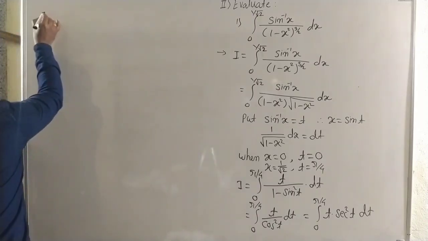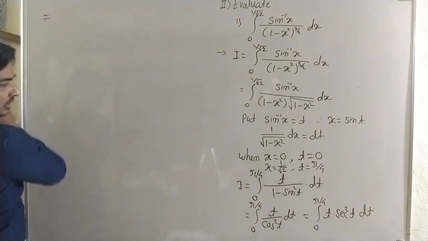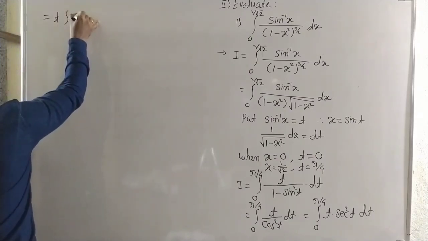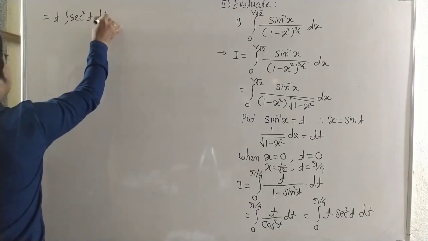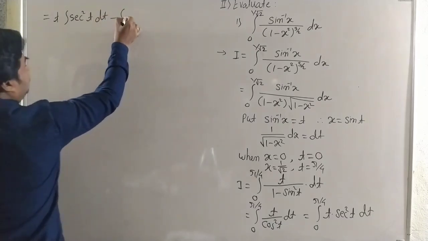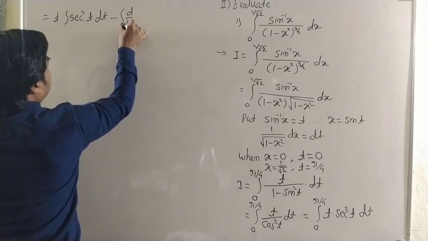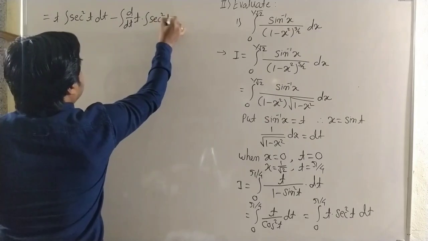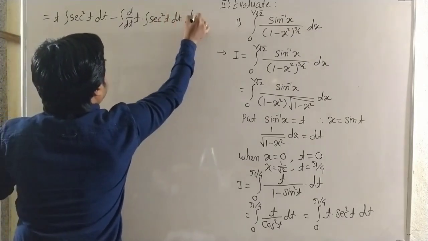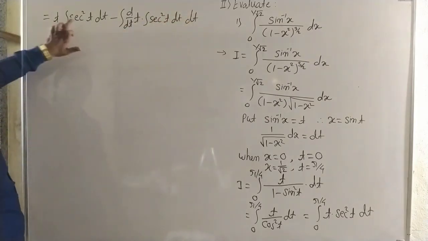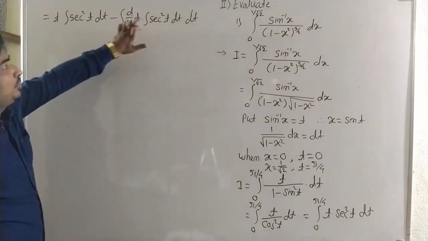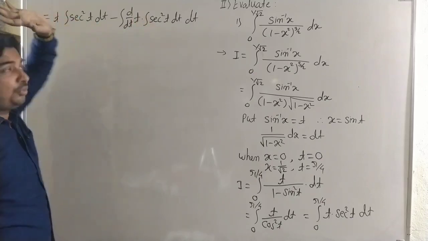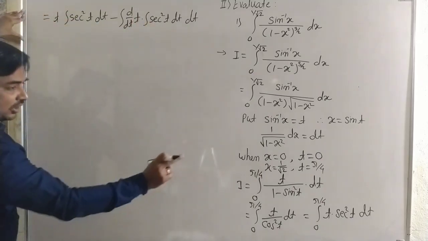See carefully, u into v is t into integral of sec square t dt, minus integral of derivative of t into integral of sec square t dt. Here it is u into integral of v minus integral of derivative of u into integral of v. Now we can solve this, with limit 0 to pi by 4.